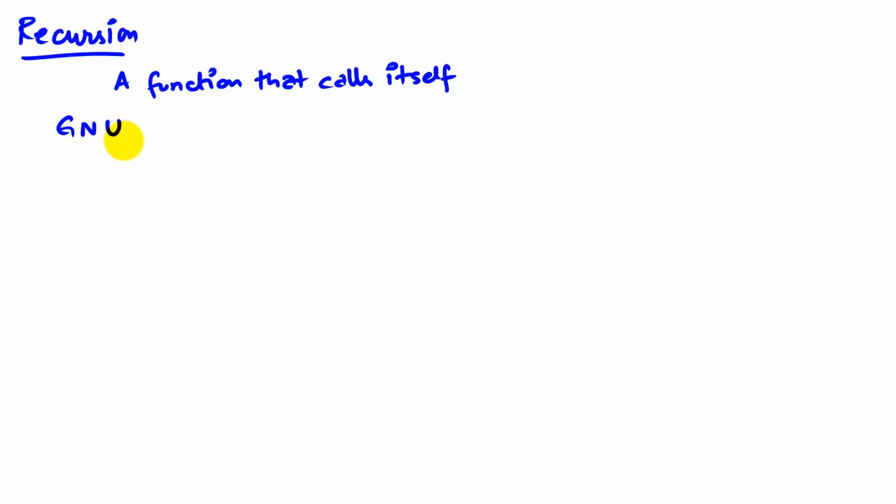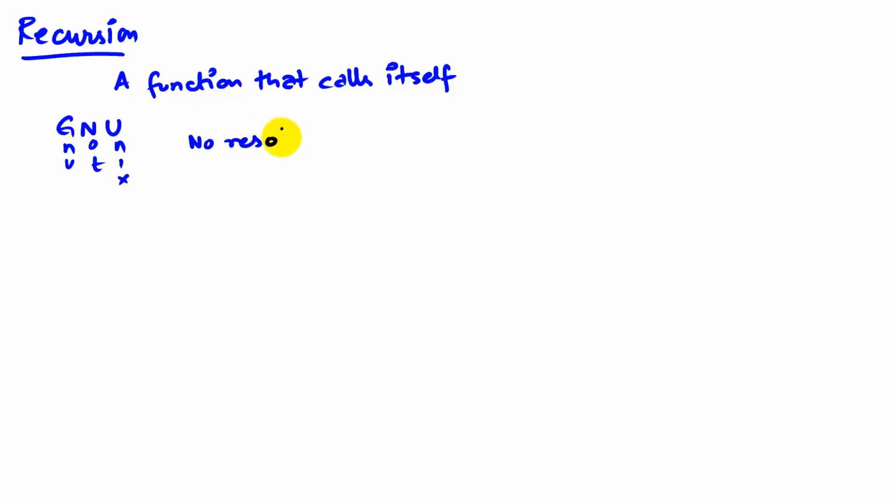You may have heard of the term GNU. GNU stands for "GNU is not Unix," which is a recursive definition. It's a recursive definition which alludes to itself, that is, it calls itself. The problem with definitions like this is there is no resolution.